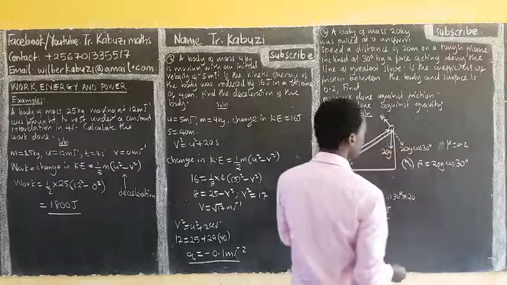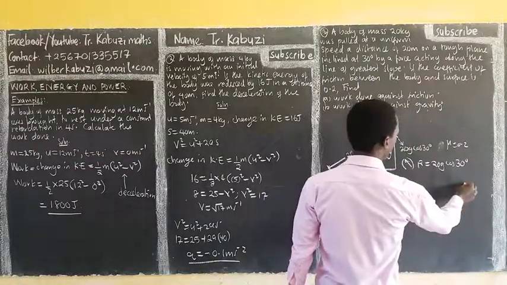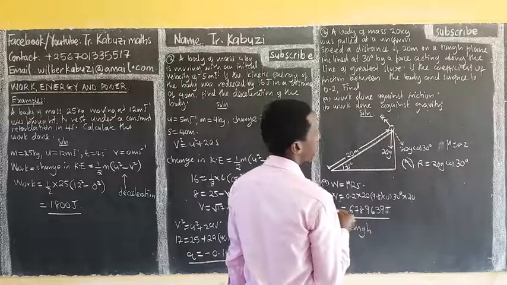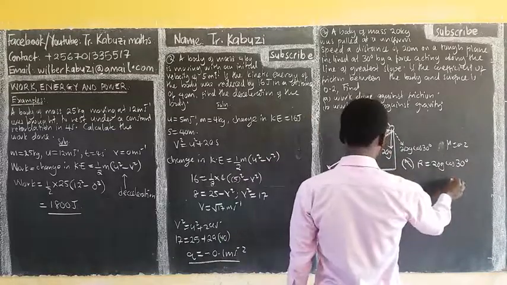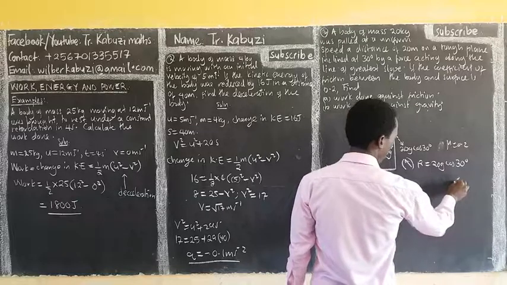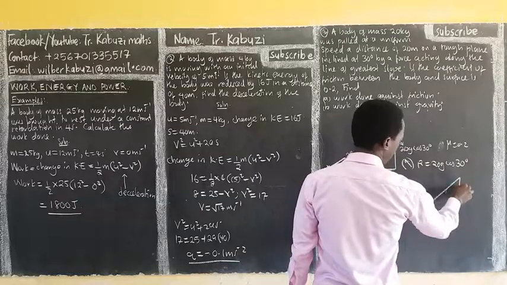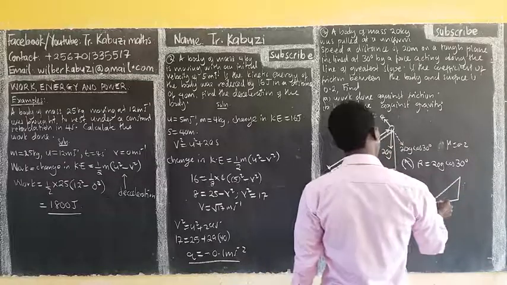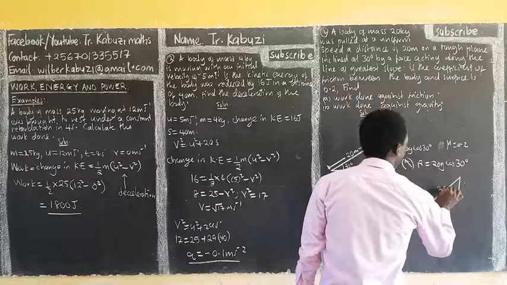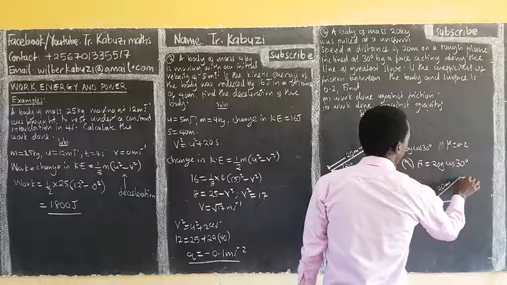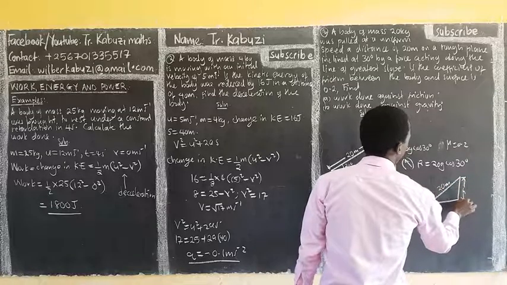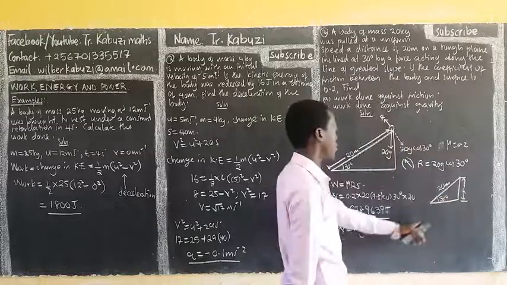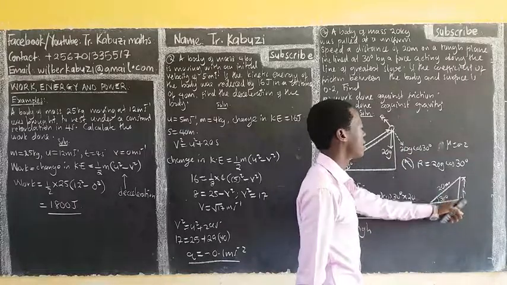If I draw this diagram here so that I can see the way I'm going to get the height, this one is 20 meters, this is the height I'm looking for, and this one is 30 degrees. I have this, I need this.